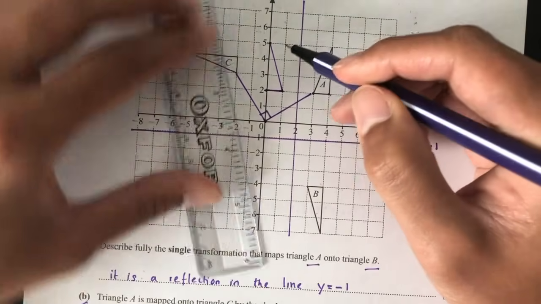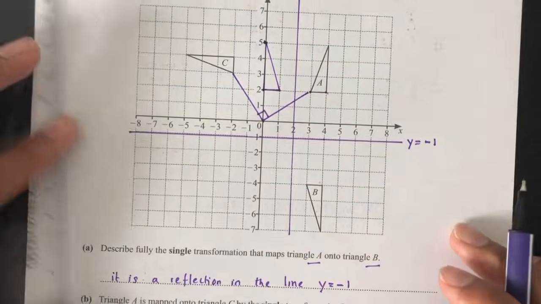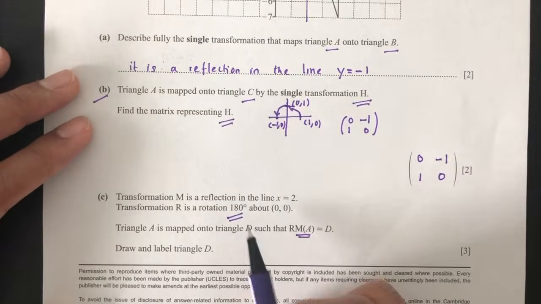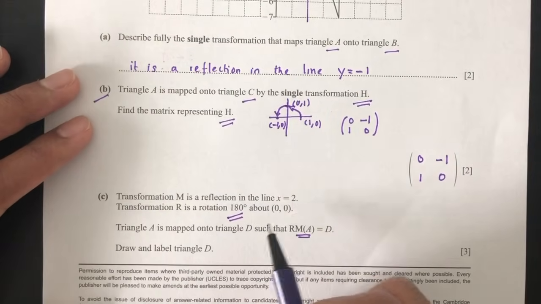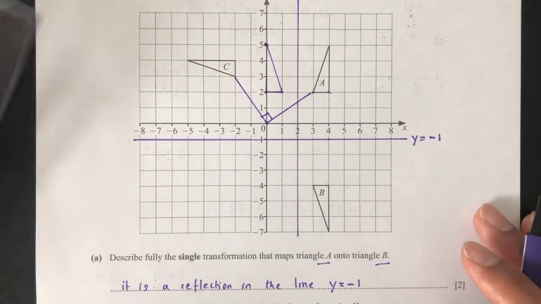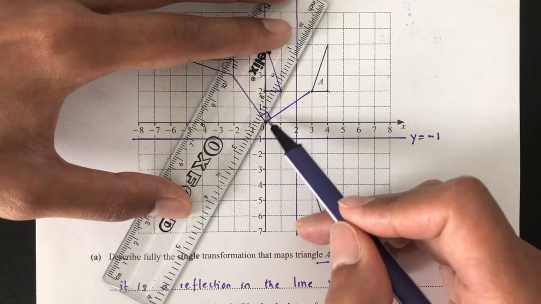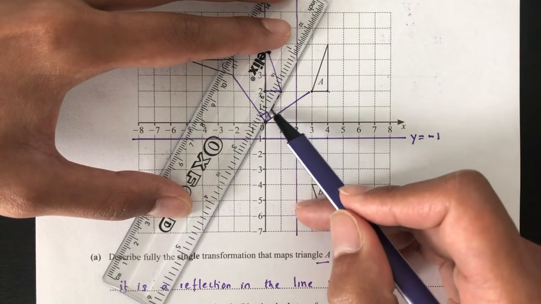That's the first image. And then we now have a rotation of 180 about 0, 0. So now we have to rotate this by 180.